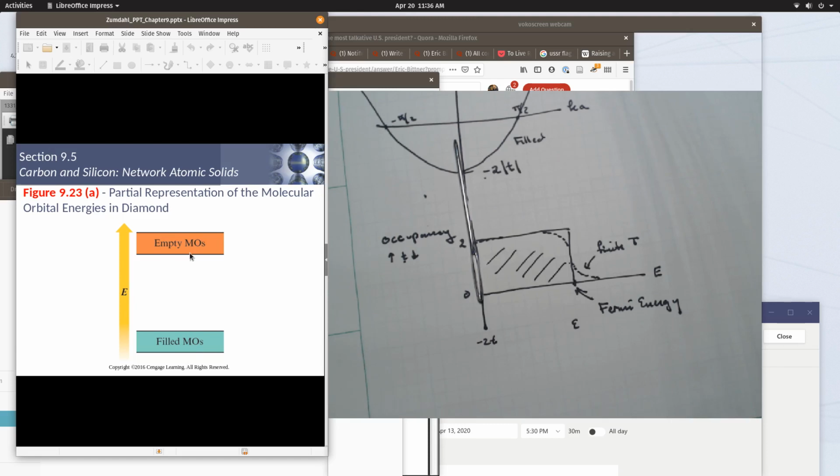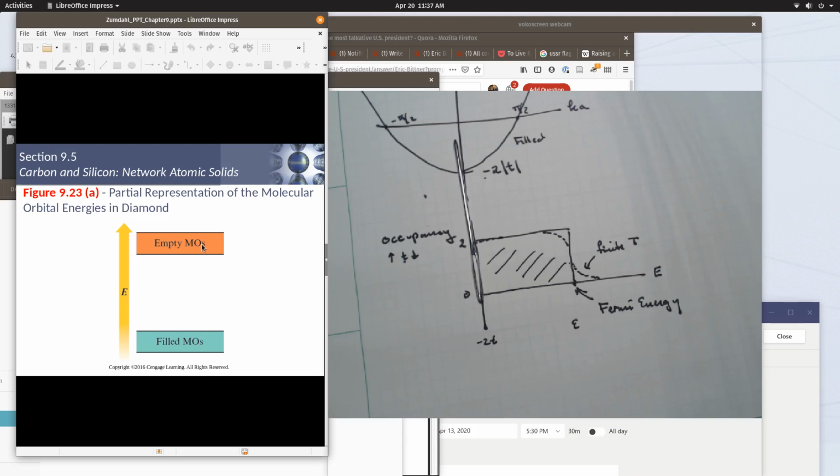It's clear. The only reason you get colors in a diamond is if you have an impurity. Since it's pure, or since it's clear, the energy gap between the filled molecular orbitals and the empty molecular orbitals is large compared to visible light energy.